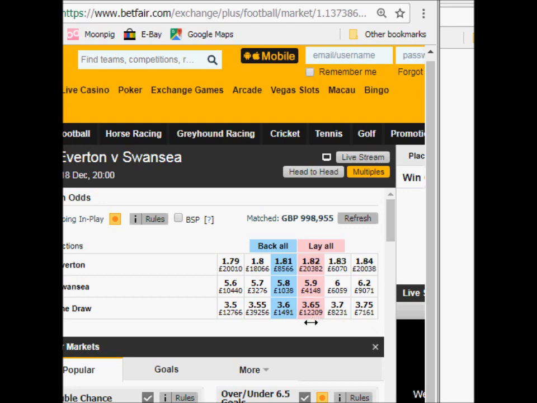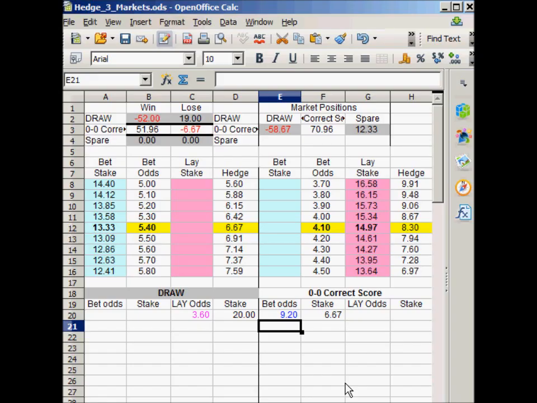So you just hit your cash out button if you like, just to make things easy. Then you don't have to mess about with several bets in correct score.